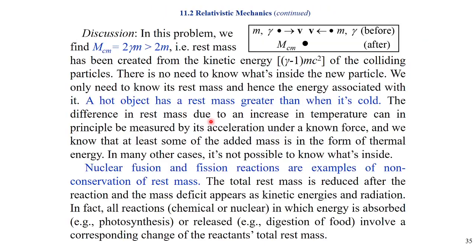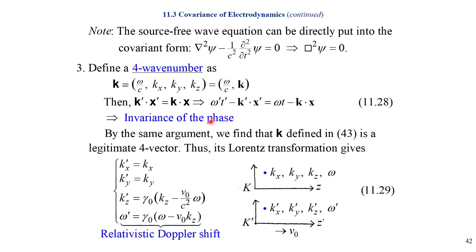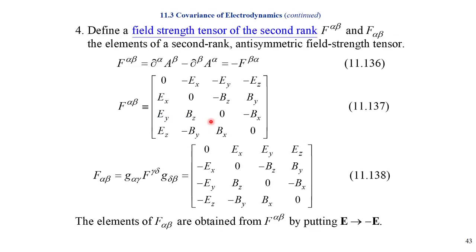Okay, go back to page 42. The next one, we define the field strength tensor of the second rank, F superscript alpha beta, F subscript alpha beta, the element of the second rank anti-symmetric field strength tensor.